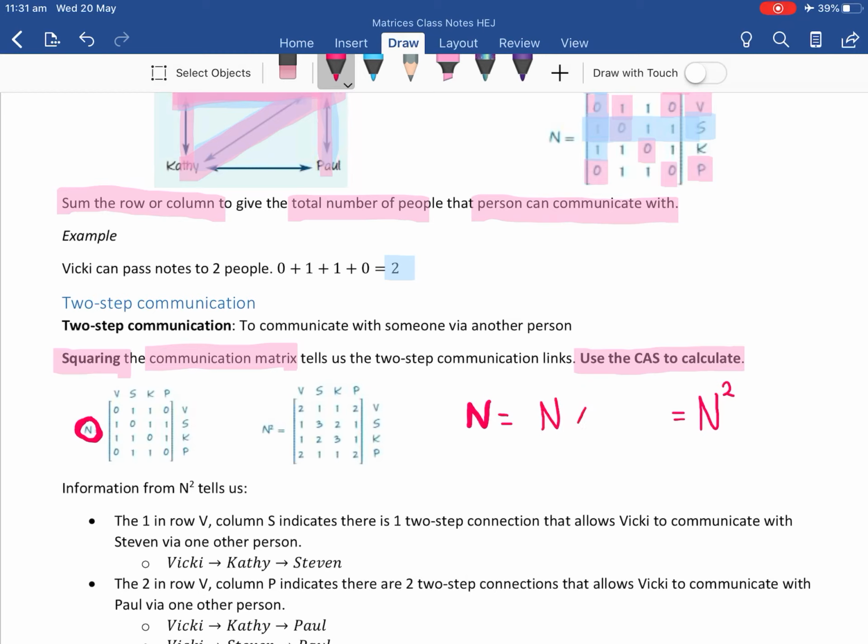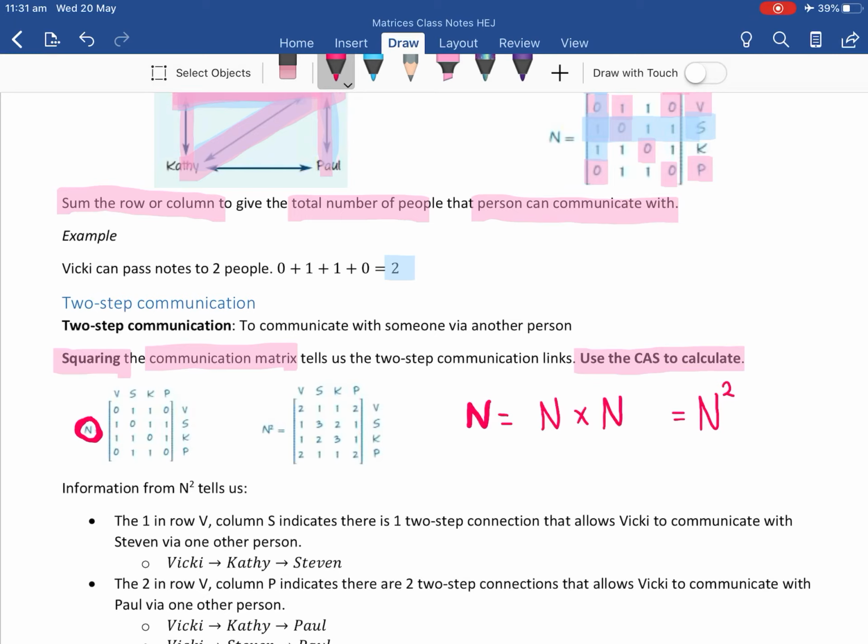That means you do the matrix N times N. Now obviously you know from multiplying matrices that it can be quite tedious, especially when you've got a 4x4 matrix, so it's just best to use your calculator.